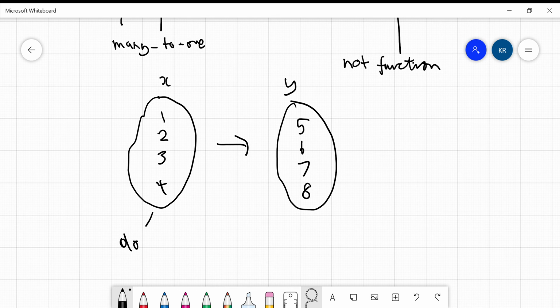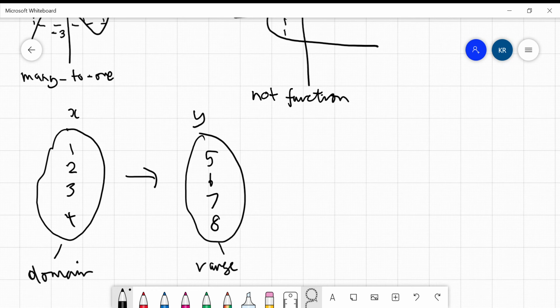So this is the domain. It's basically what you input. And then you have the range. The range is basically the output. So if you have a domain which includes 1, 2, 3, and 4, like these are all the values in the domain, then the range of outputs will be between 5, 6, 7, and 8. So that's how the domain and range work.